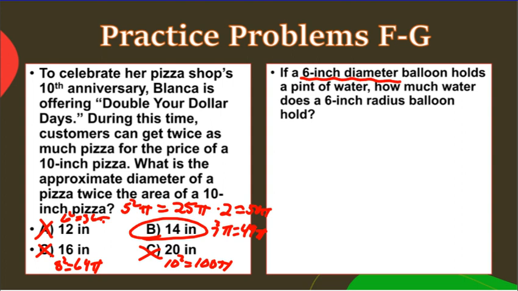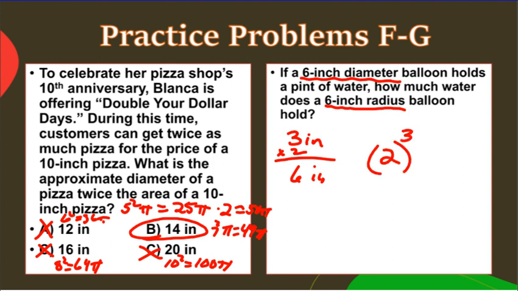The 6-inch diameter has a radius of 3 inches, and the other one has a radius of 6 inches. So this is a scale factor of 2, because 3 times 2 would give us our 6. Since we're dealing with volume, I have to cube it. That would be 8. So this would be 8 pints, or 1 gallon.